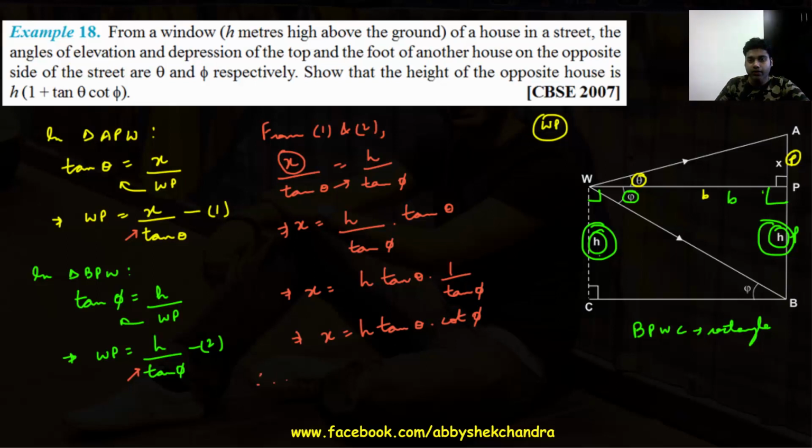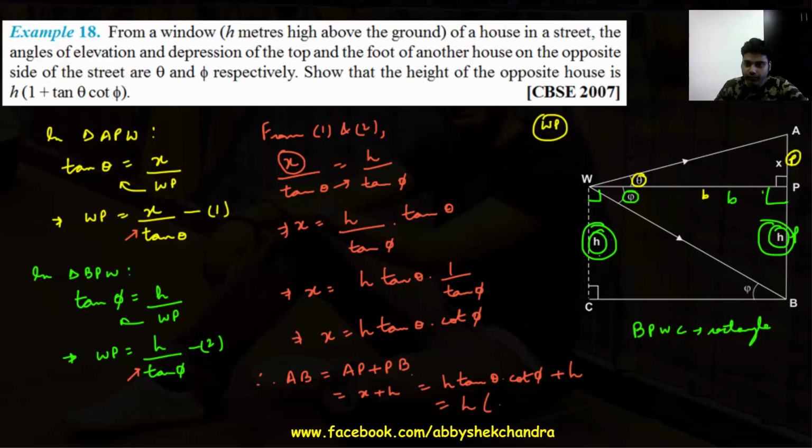Now therefore what will AB be? AB is the height of the other building, height of the opposite house that we need to find. AB is AP, that is x, plus PB, which is h. So this is x plus h. x is h tan theta cot phi, plus PB, h, right?